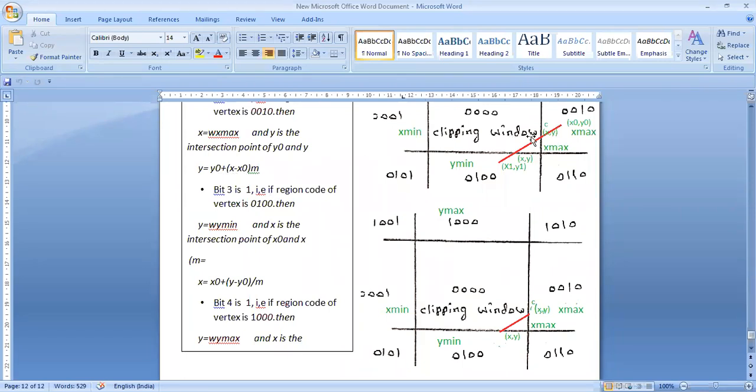On the same lines, if something is below or something is above, y I will directly get. If this is below, my y becomes y min. And x, how do I calculate? X is calculated using the slope, where x is equal to x naught plus y minus y naught divided by m.